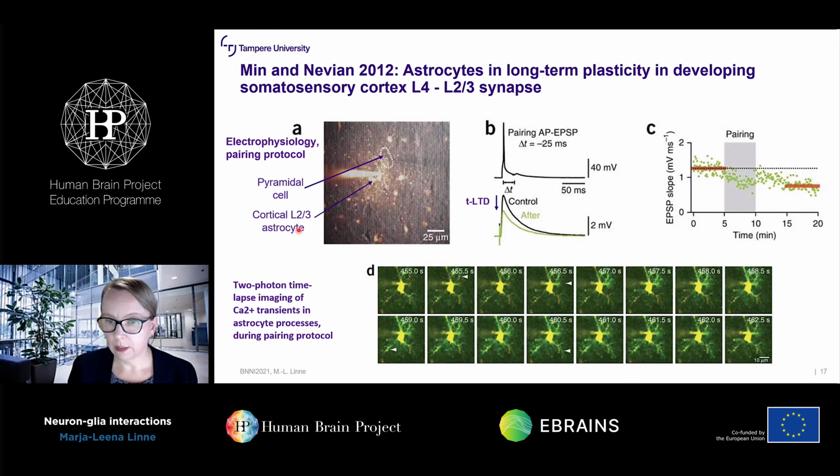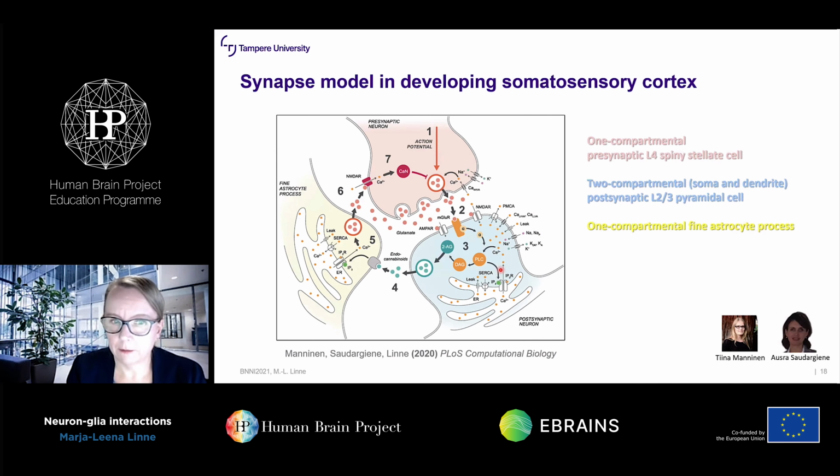They did a set of complex experiments with pharmacology, and basically they were able to show that without astrocytes, this phenomenon doesn't happen. So this was one of the first pieces of evidence that astrocytes, at least during development, are heavily involved in computations in the brain.